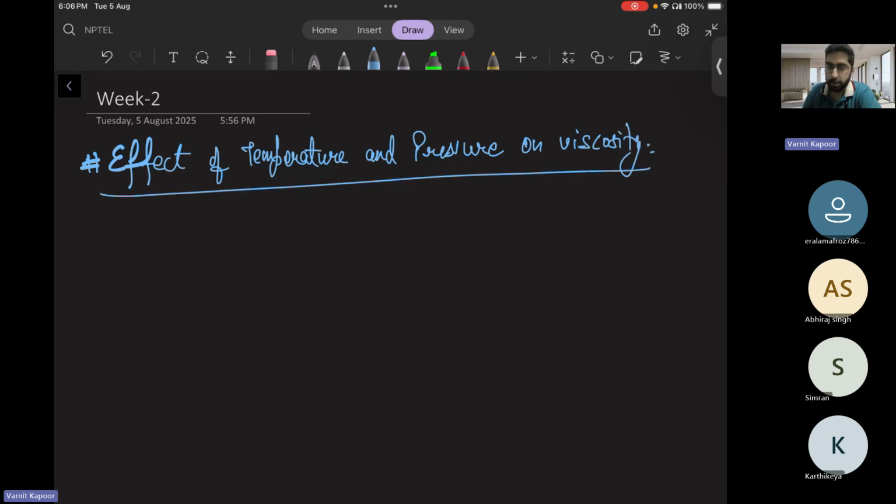There are two kinds of viscosities. First is dynamic, second is kinematic. The first one is dynamic, and it is defined both for liquid as well as gas.